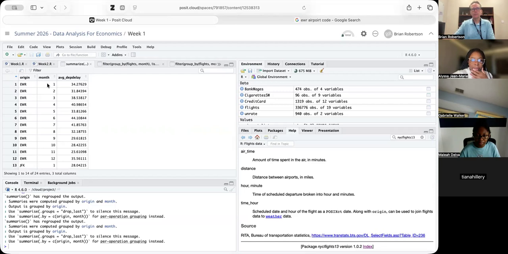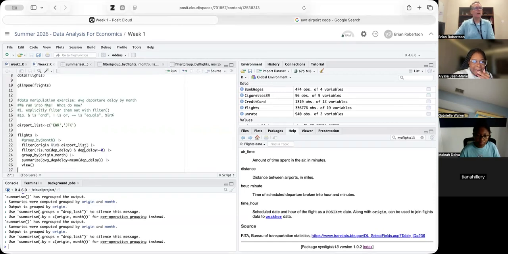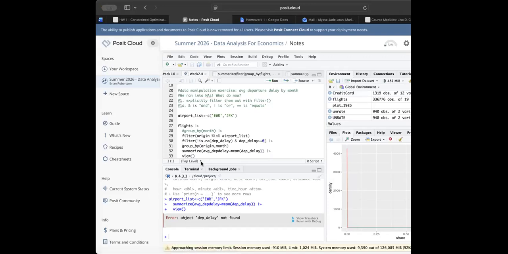It says departure delay is not found. Is it dep underscore delay that you're working with? Do you want to share your screen? Let's go look through it. Let's see.